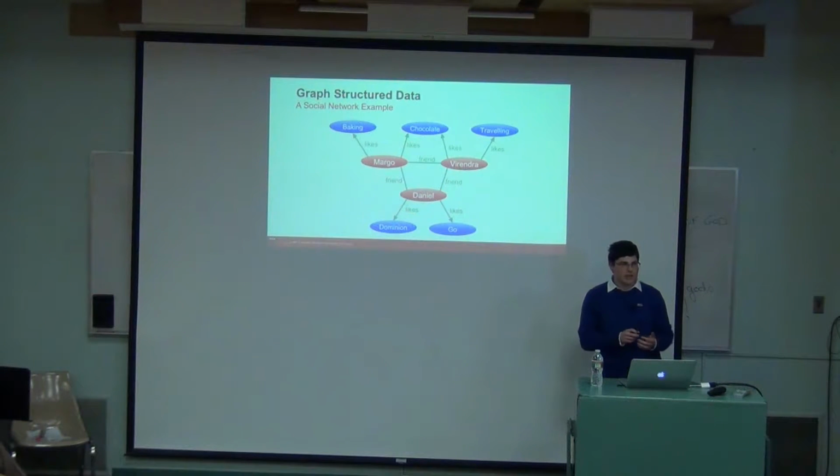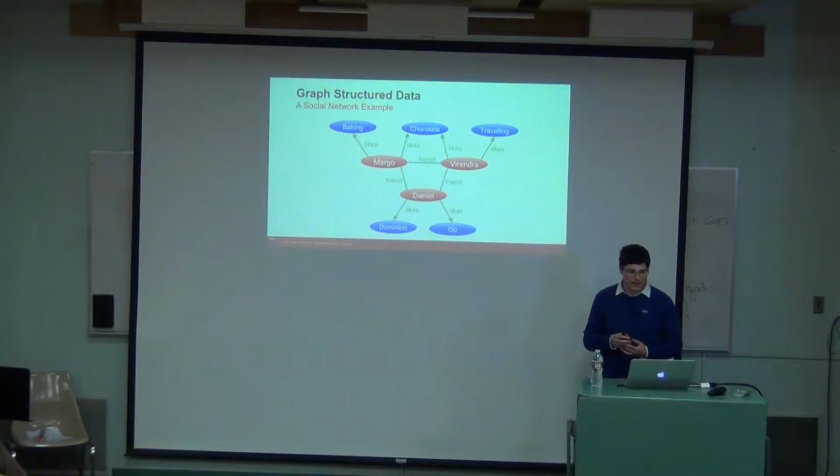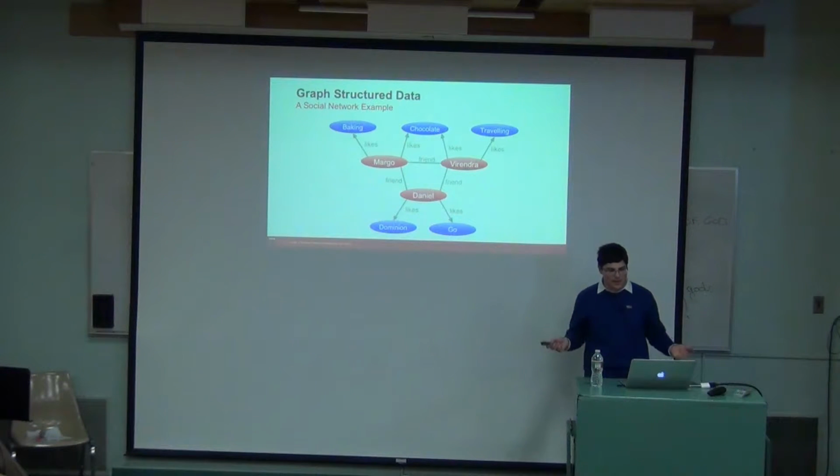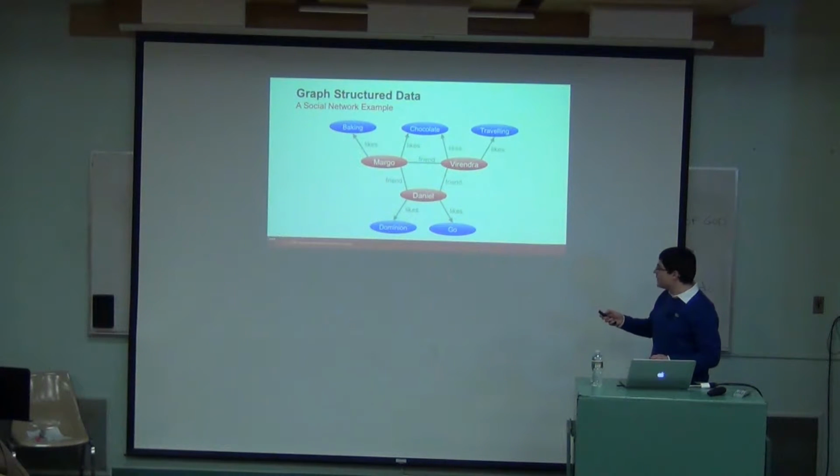So graph structured data is everywhere, and a good example of these are social networks, in which you can model people and pages as vertices and their relationships as edges. So Facebook does this, Google Plus does this, and so does about everybody else. For example, in this small part of a social network, you have 3 vertices in red.